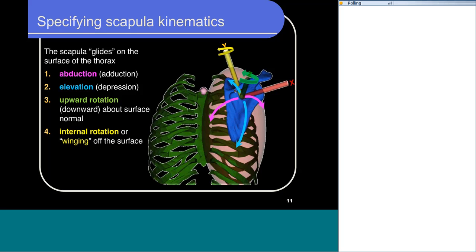And then we have internal rotation, which is bringing the medial border here, lifting that border and this inferior angle off the surface of the ellipsoid. So can we design a joint type that has these coordinates as its fundamental description of the motion of the scapula?